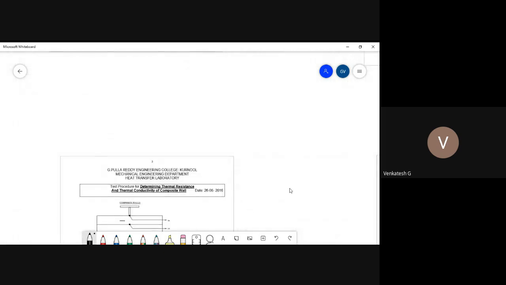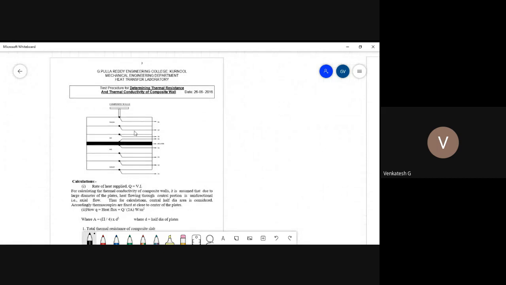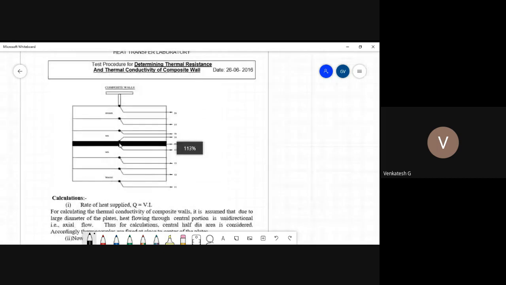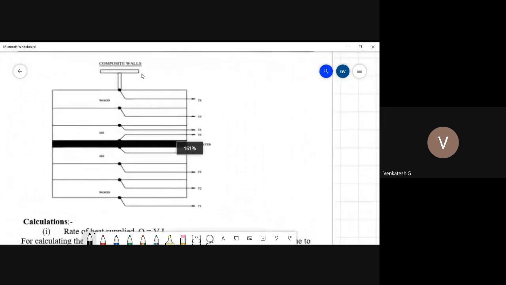Now coming to the calculation part. I had already explained the location of the thermocouples. Here you can see, in the center is the heater, the black one. One thermocouple is placed above the heater and another below the heater. Next, this is the mild steel, with one mild steel plate above the heater and another below the heater, again with two thermocouples.